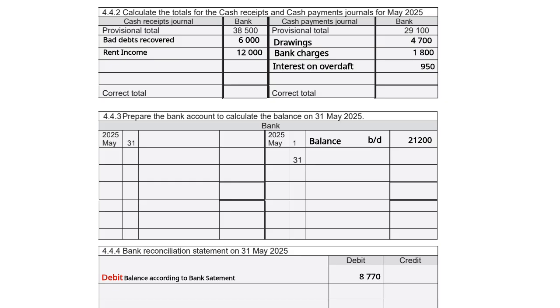In the cash receipts journal, you're going to say debtors control, and your calculation will be 24,000 minus 2,400, and the difference of 21,600 rand is what you will record in your cash receipts journal under debtors control.